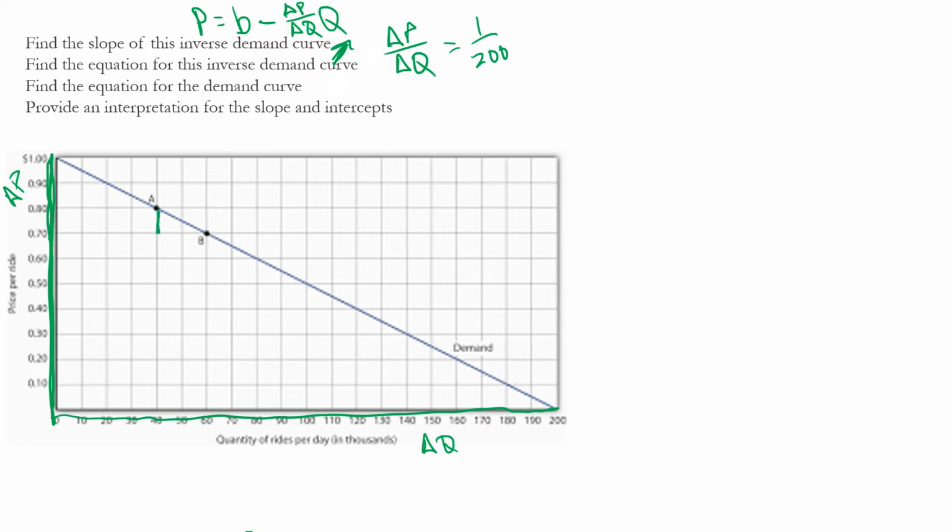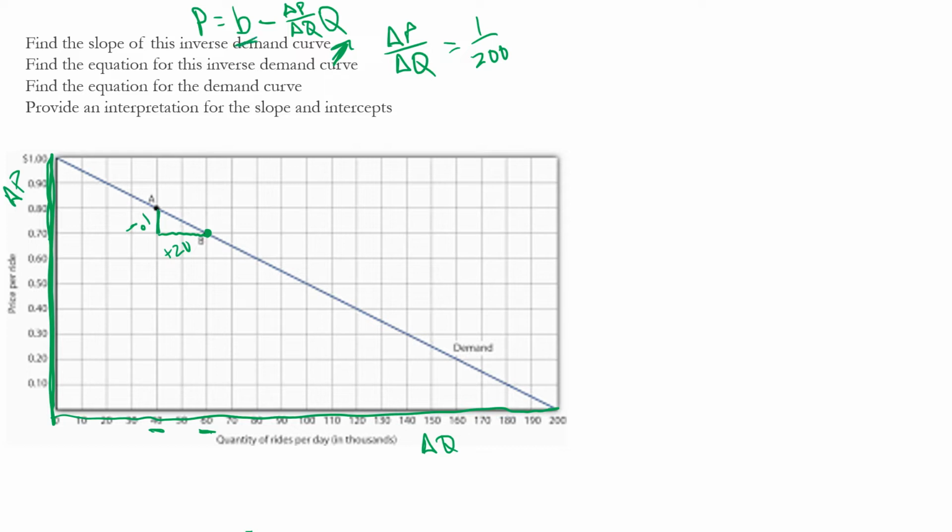If I go between A and B, my change in P is 0.1, and my change in Q, I go from 40 to 60, so if I go down from A to B, it's negative 0.1, and I'm going to get an increase of 20 in quantity. 0.1 over 20 is 1 over 200, right? So we've got my slope now, and now I need to find the intercept.